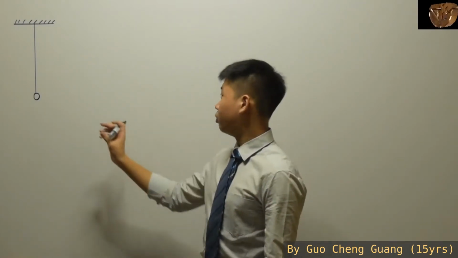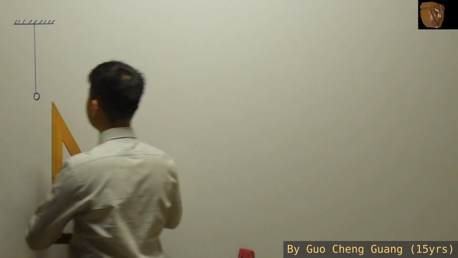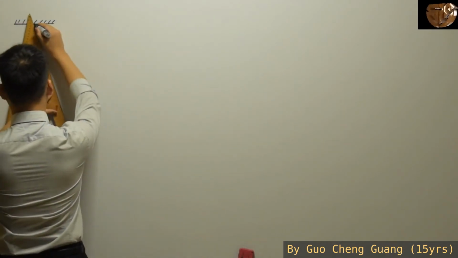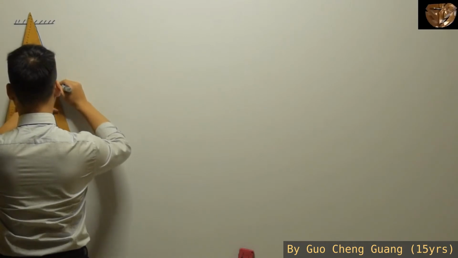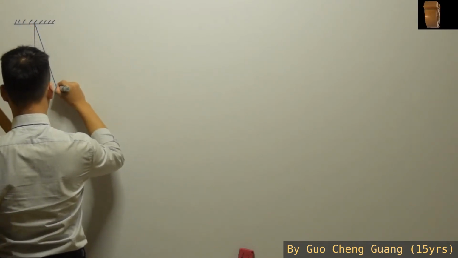Now what would you do with this kind of bob hanging from a string, hanging from a ceiling? Of course, you would want to shift it a bit from its original position and see what it does. So let's shift it a bit from its original position, and let's say it goes here.